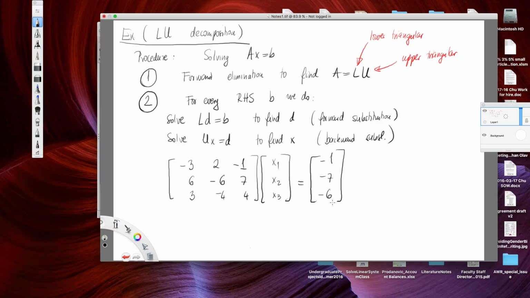So if I had this matrix A, if I'm doing forward elimination, I don't have to work with an augmented matrix, I can just work with matrix A.